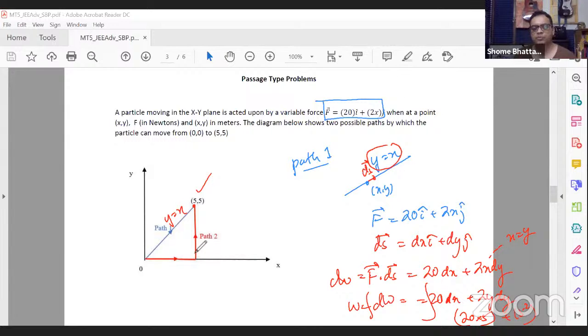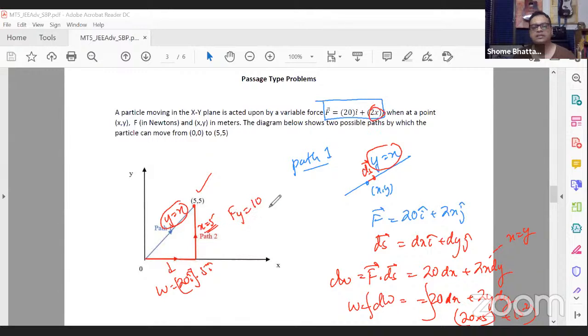Okay. So for path 1, I hope all of you understood the method to calculate work done. For path 2, you can just refer to this type of question that we have done earlier. In this part, the work done will just be 20 i cap dot product with 5 i cap, because the y component will not matter. Whereas in this part, the x coordinate is fixed, so the y component of force is becoming fixed.